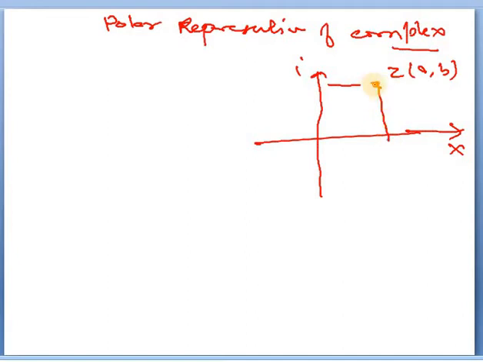The distance is denoted by r in polar form, which is equal to mod z. So we can write r is equal to mod z. The angle theta is this angle. r and theta are known as the polar coordinates.